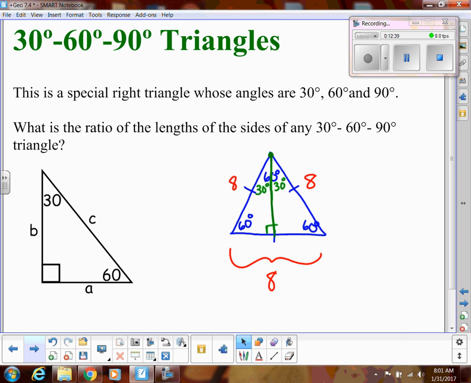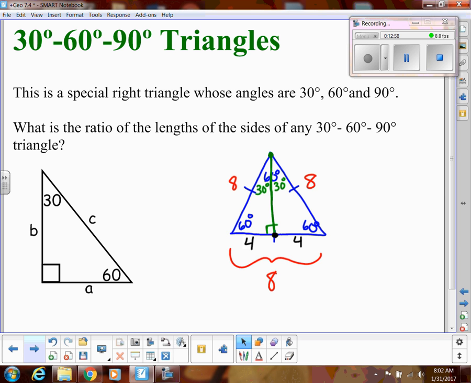Okay, now when I drop that altitude, which is also a perpendicular bisector, a median, and so on, then I also know that this side gets bisected. So each of these will also be 4. So that relationship is very important.